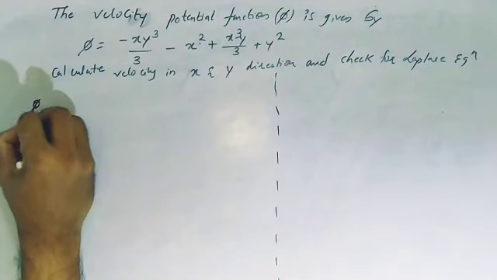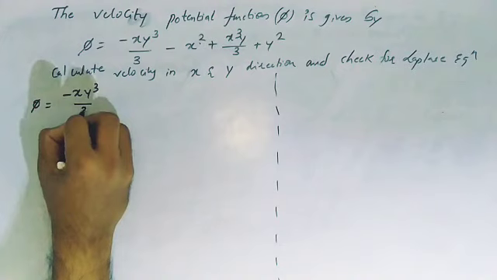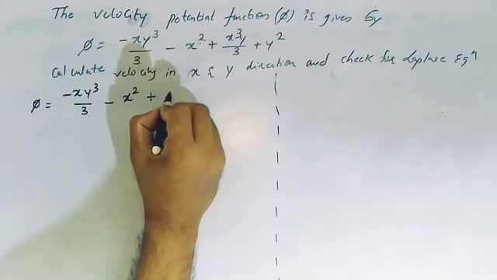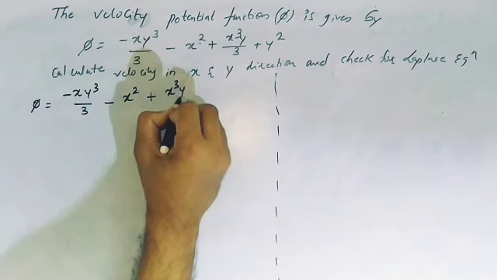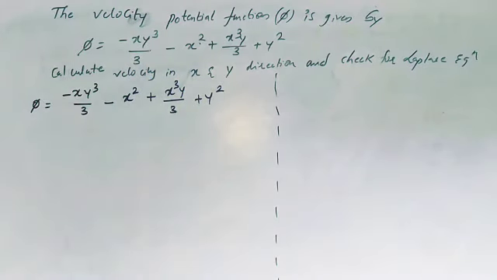So the given function is phi equals minus x y cube by 3 minus x square plus x cube y by 3 plus y square. So this is the velocity potential function given.